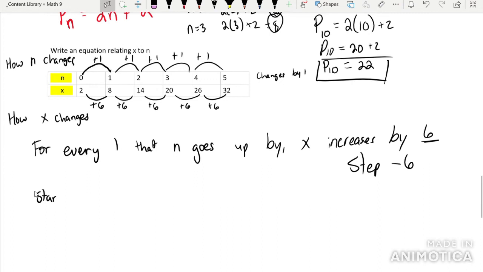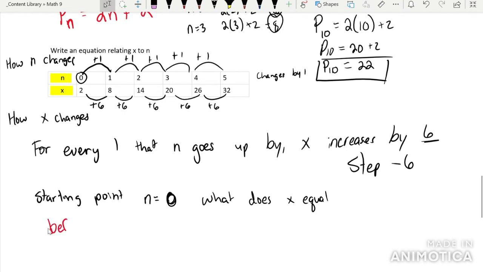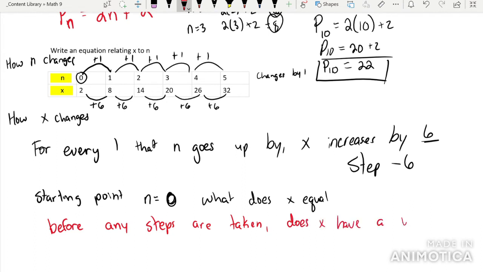My starting point, it actually gives me an n equal to 0. So where we start, we're going to start at n equal to 0. What does x equal? Or the way we can think about it is, before any steps are taken, does x have a value?